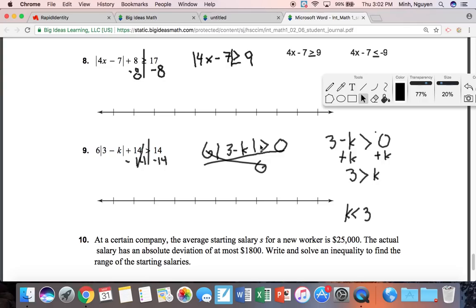However, if you think about anything else, like 4, 5, 6, or 2, 1, 0, then those will result in numbers that you can multiply by 6 and still be greater than 0. So even though we have this case greater than 3, it also, in fact, is, how can I write this? K must also be less than 3.